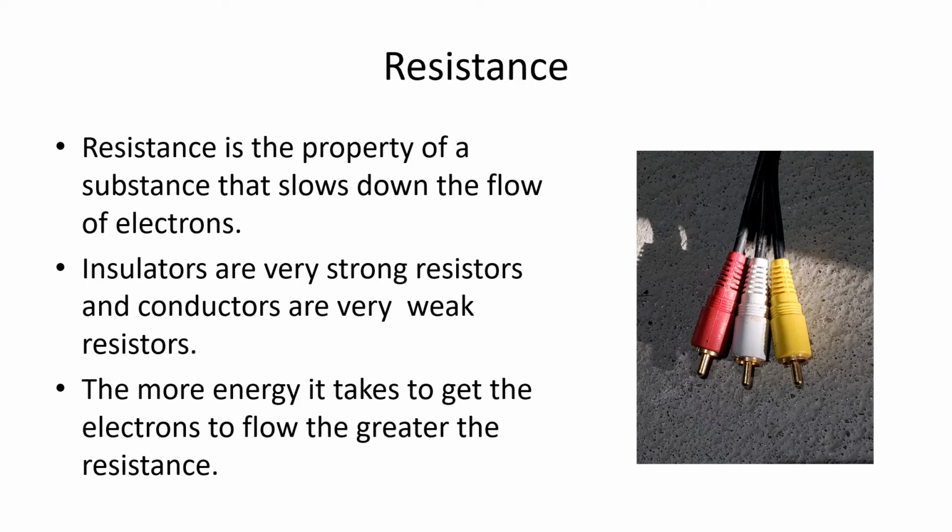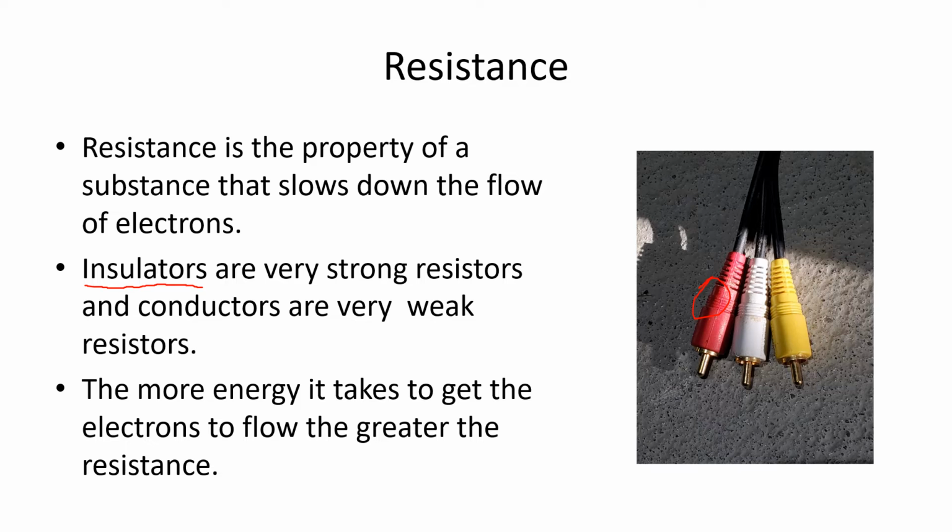Remember that insulators are extremely high resistance, like the plastic on this surface or the coating around these wires, which won't let electrons get through very easily at all. That's the reason why we use those substances: to protect people from coming in contact with the wires inside, and to prevent the electricity from being lost, which would make for an inefficient transfer.